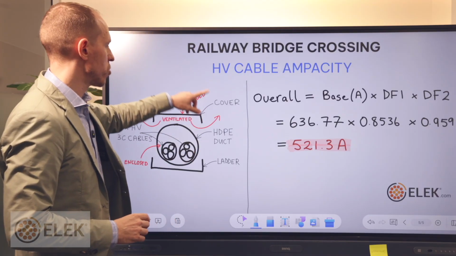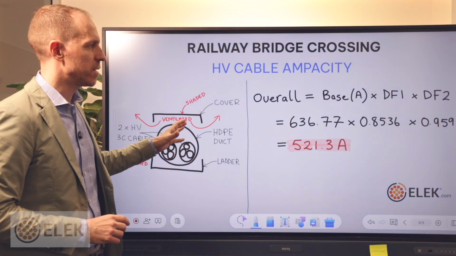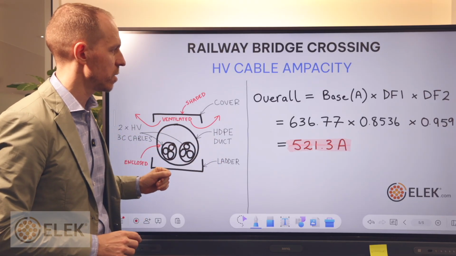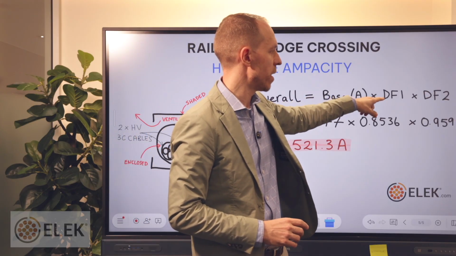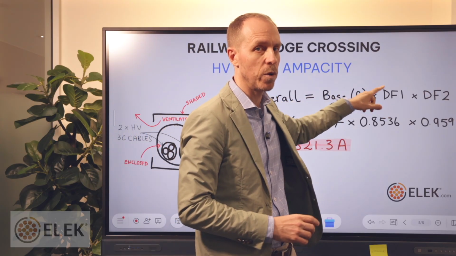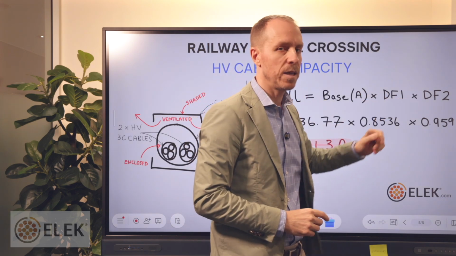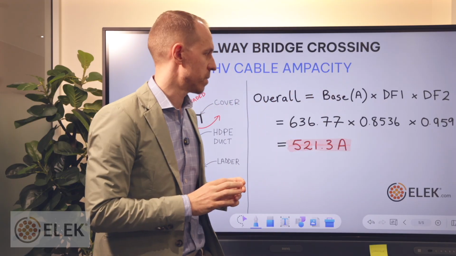So in conclusion, for this installation condition, the effective or overall current rating for this situation equals the base cable ampacity multiplied by the first derating factor for the effect of the duct, and the second derating factor, which is the effect of the groups of circuits.